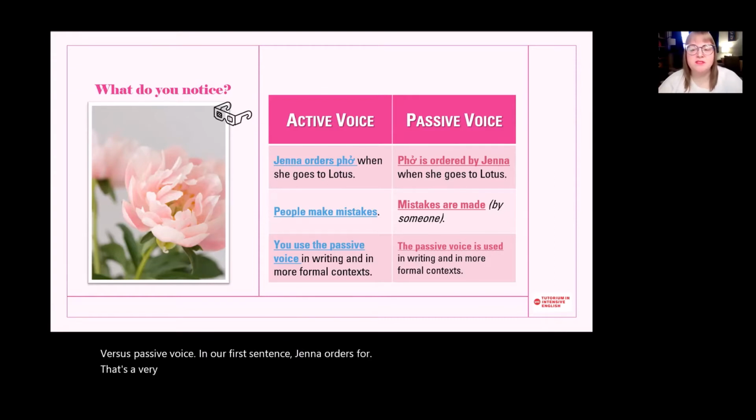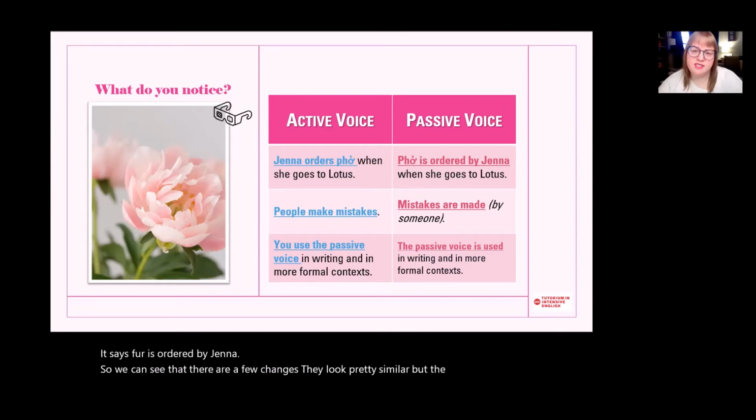This is the type of sentence that you learn from the beginning when you are learning English. When we look on the right, however, it says, pho is ordered by Jenna. So we can see that there are a few changes. They look pretty similar, but the word order is different.